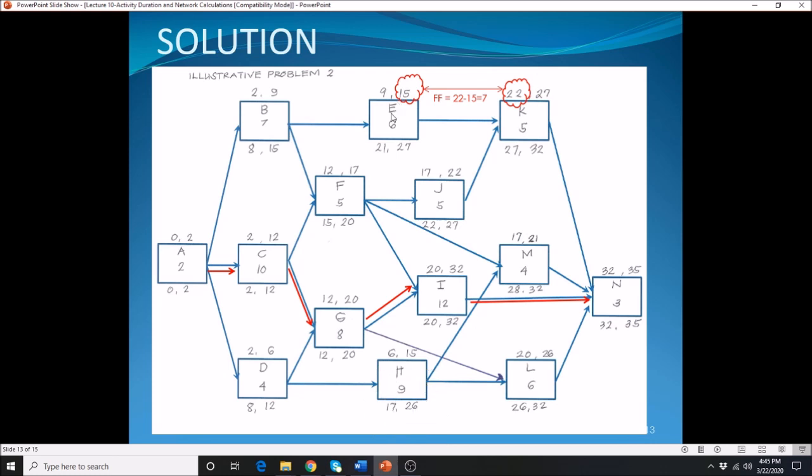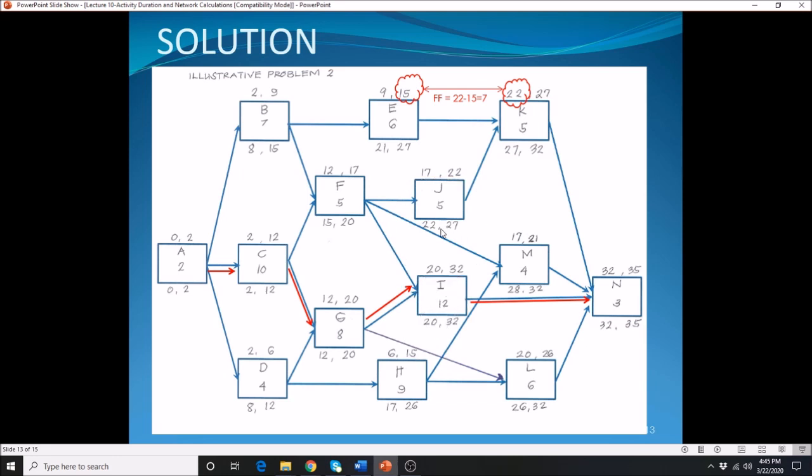Alright, move on to your F. F is coming from 3 different lines: to your J, to your M, to your I. Remember, when you perform the backward calculation, you have to carry over the minimum. So what's the minimum of the late start of activities J, M, and I?